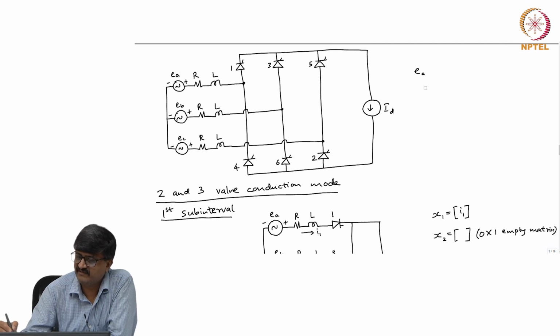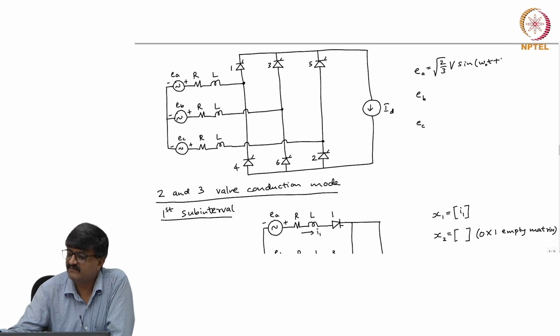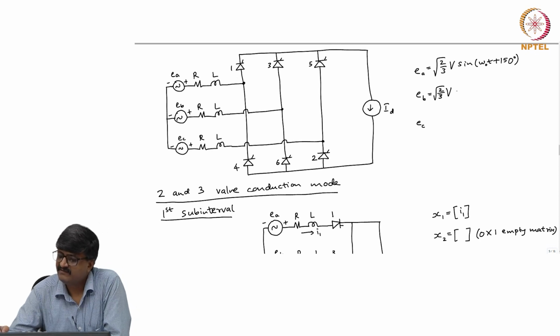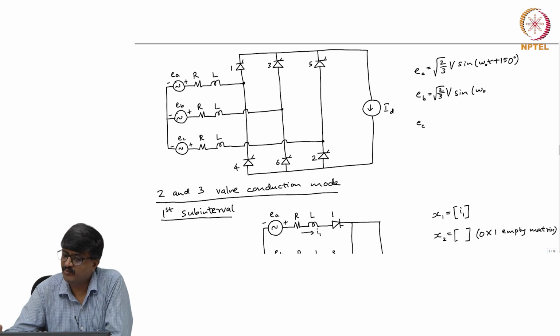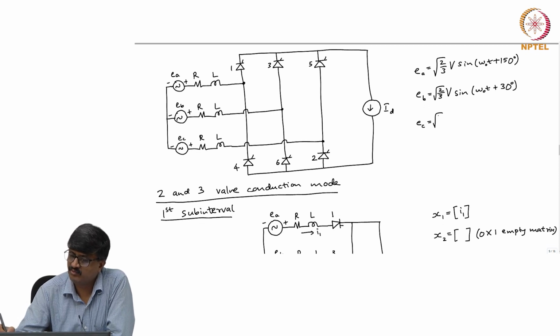I have not changed them. They are still root 2 by 3 V sin(omega O t plus 150 degrees), root 2 by 3 V sin(omega O t plus 30 degrees), and root 2 by 3 V sin(omega O t minus 90 degrees).